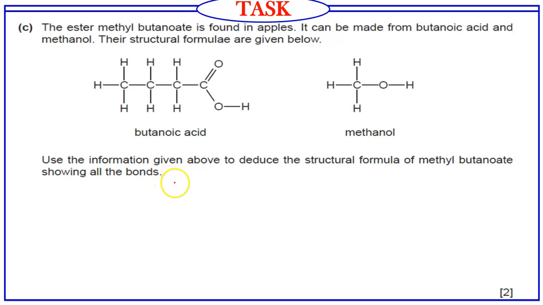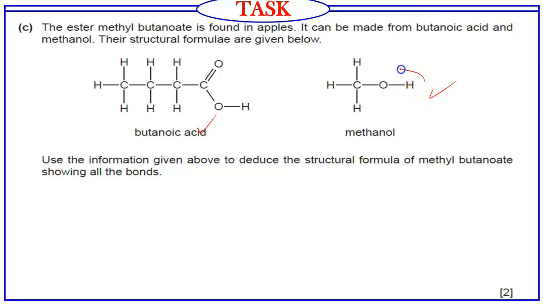Even if you don't know how to name esters, once you are given the alkanoic acid and the alkanol that formed it, you can draw the structure. This is the alkanoic acid, this is the alcohol part.